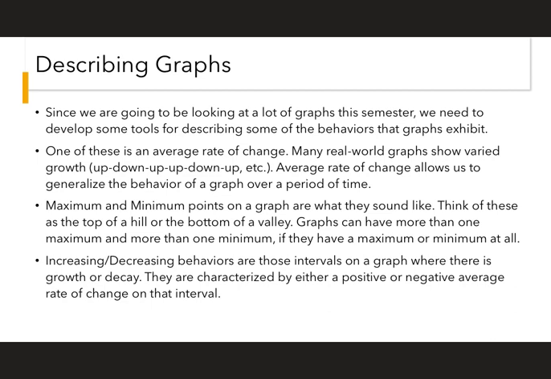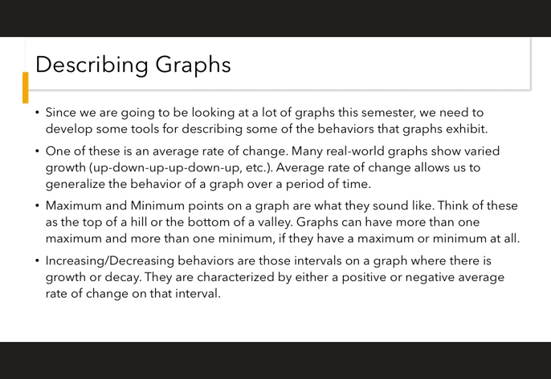It's like, say I'm looking at the price of something over 4 years. That price may have gone up and down and up and down, but at the end of the 4 years, it was maybe $5 more than it was 4 years before. So the idea is, in general, what has happened to this graph.